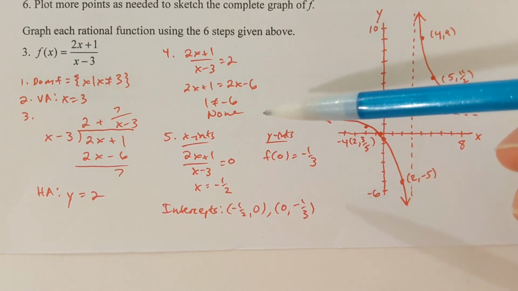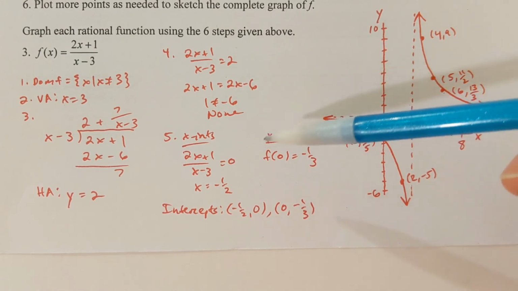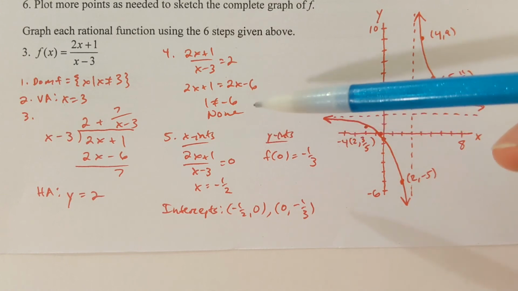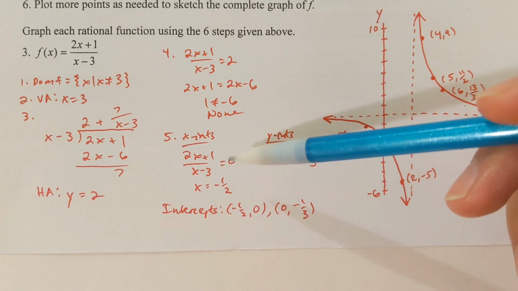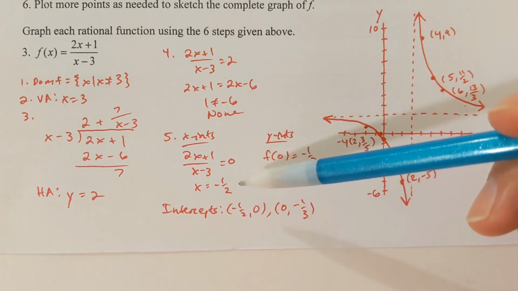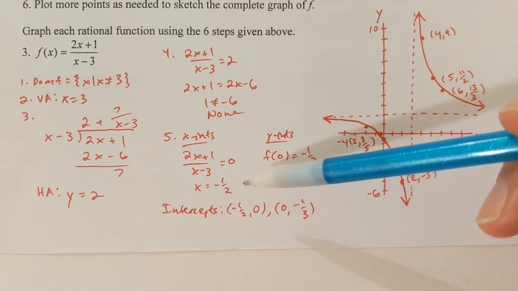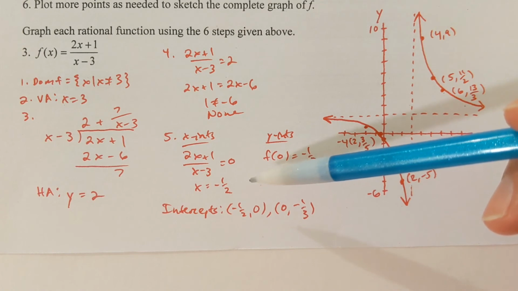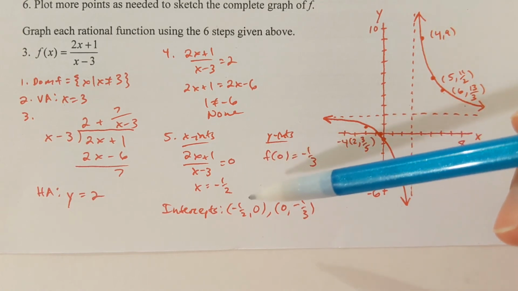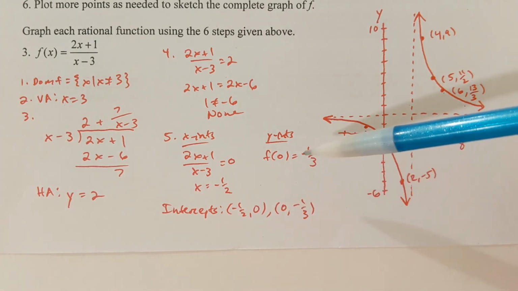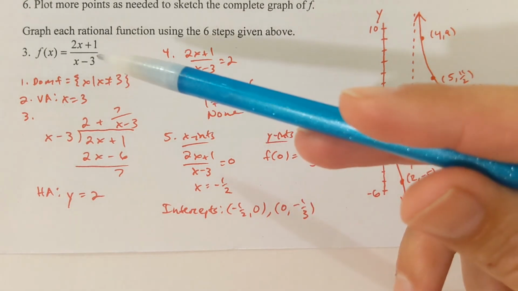So let's go to step 5 here. For the x-intercepts I need to let y be 0 and solve for x. When y is 0 and I solve for x, multiply both sides by x minus 3. 2x plus 1 equals 0, which means that x is negative 1/2. For the y-intercept, I let x be 0.